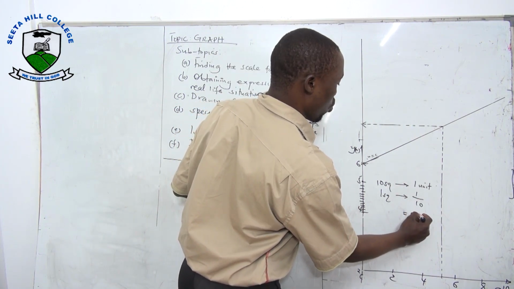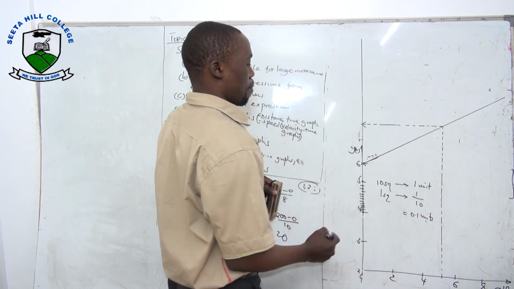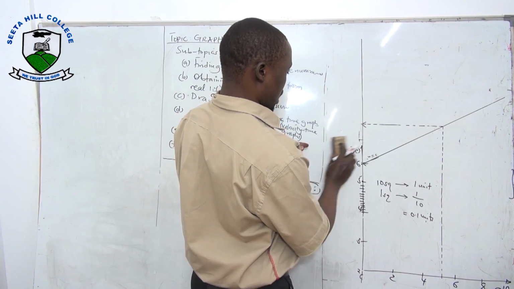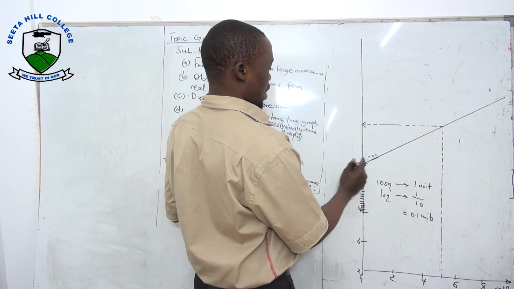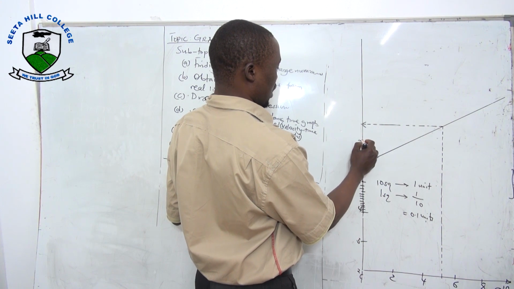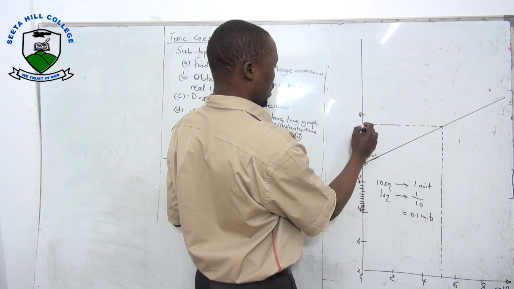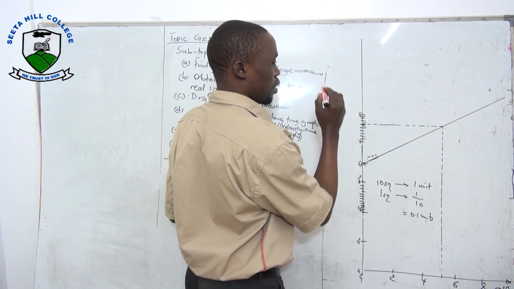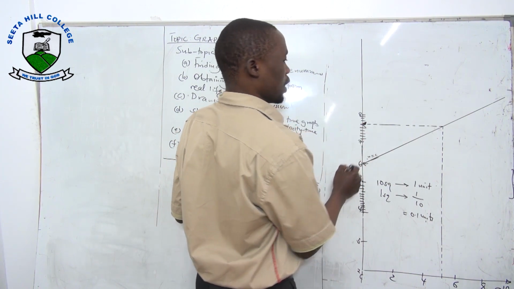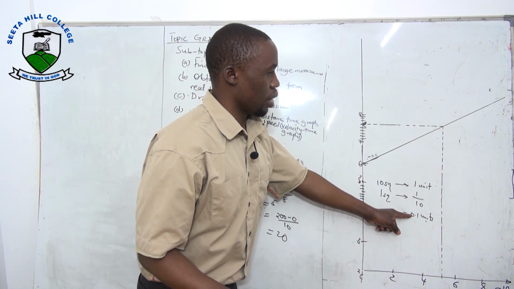That means 0.1 units, not so? Now, if I'm locating my plotted point, say, let me rub this, assuming this 5, this is 6, 7, and this is 8. 1, 2, 3, 4, 5, 6, 7, 8, 9, 10. How will I be able to locate this? Knowing that each one is 0.1.